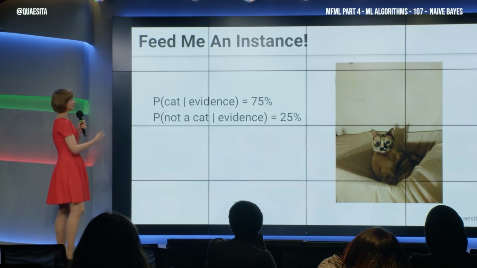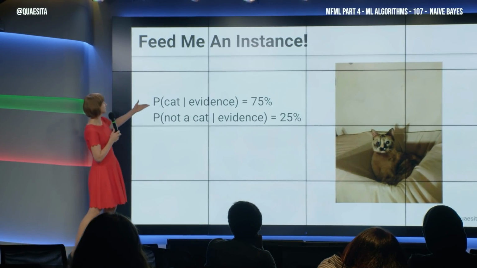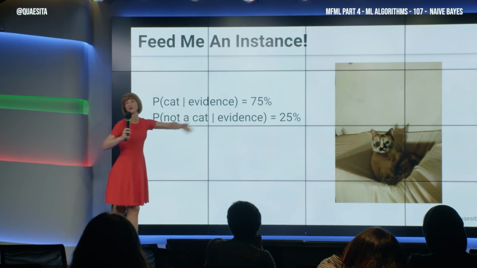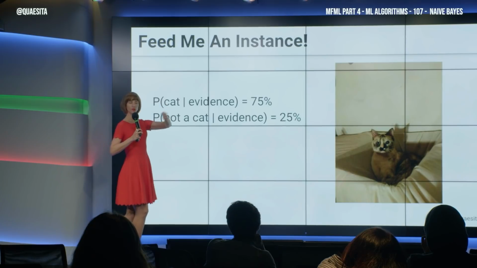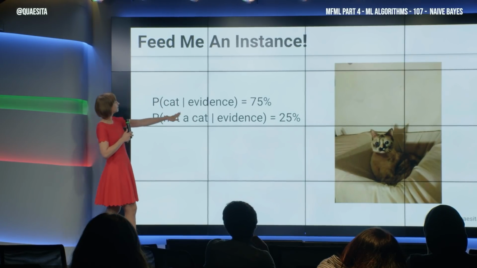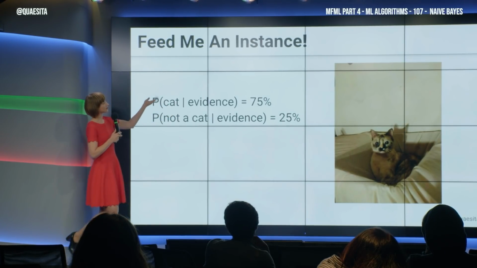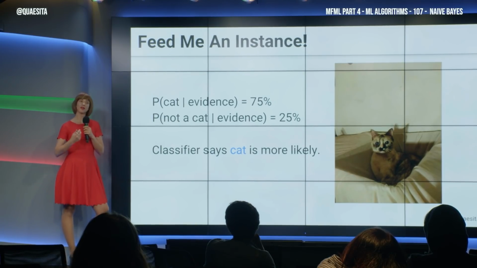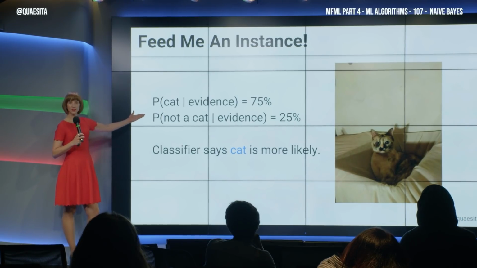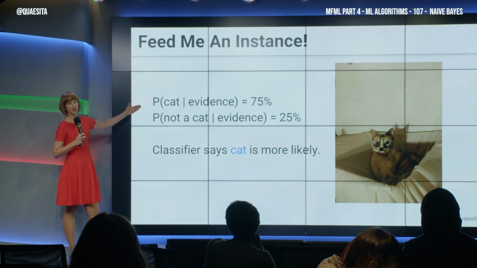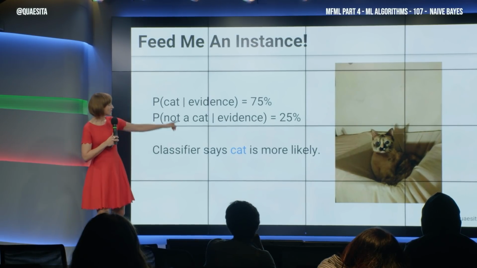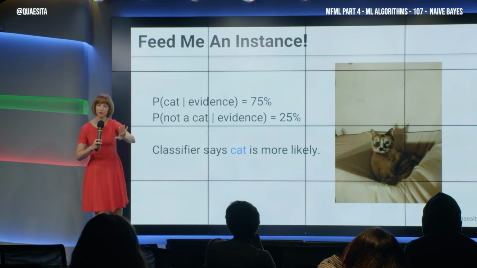And finally, when it's done, you interpret the results as: given all this evidence that you've put in, which treats all the bits of evidence as completely independent from one another, what's the probability that I have a cat versus a not cat? And then you can either output the label that is most likely, or you can jump for joy that you're dealing with probability outputs, because now instead of just getting the flat label, you can say, hey thing, how sure are you?